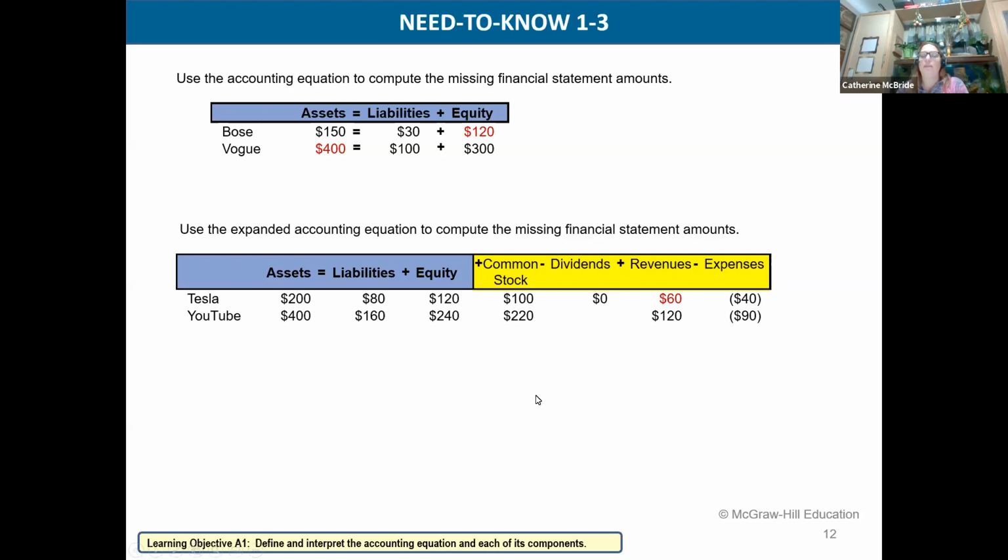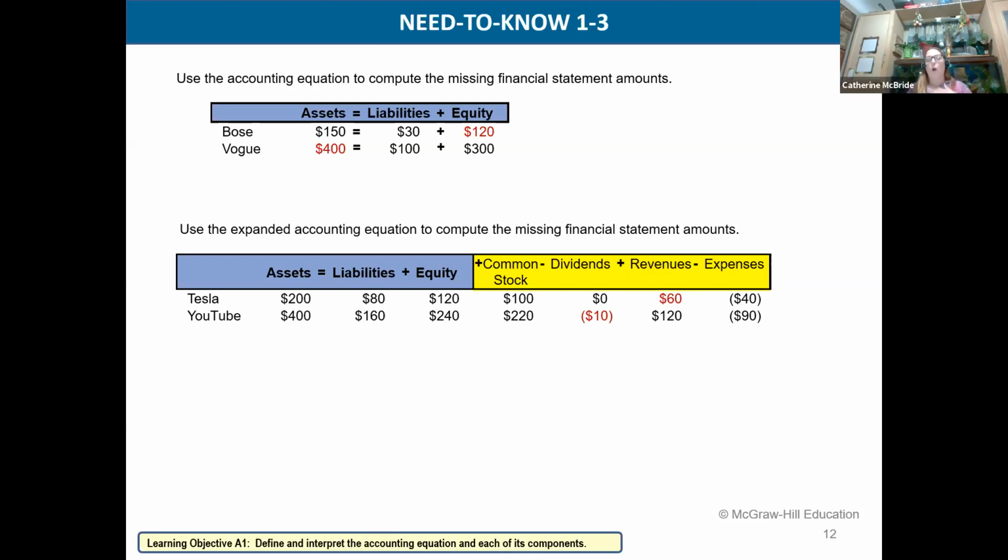Hopefully you came up with dividends of $10. So 220 minus $10 plus 120 minus 90 gives me my $240 in equity.